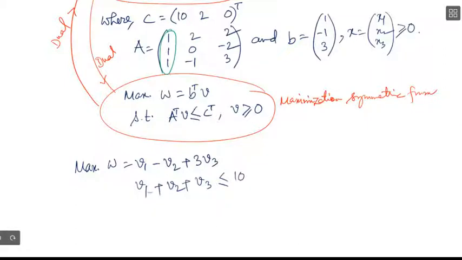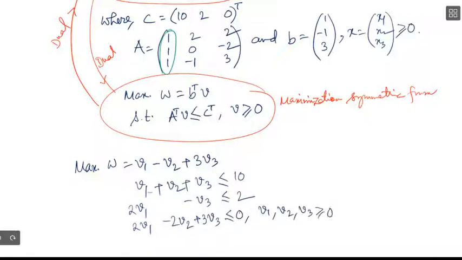10. Similarly, we will get the other two constraints as 2V1 minus V3 less equal to 2 and 2V1 minus 2V2 plus 3V3 less equal to 0, V1, V2, V3 greater than equal to 0. So this is our dual problem.